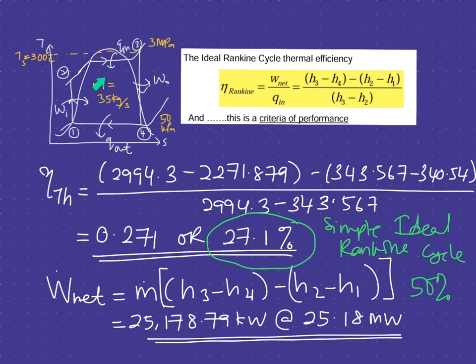So all this will affect the cost of getting the steam from your boiler here. Okay, so in the next video we will see how the thermal cycle works in an actual Rankine cycle, and how we can improve it using reheat Rankine or regenerative Rankine cycle. Thank you.